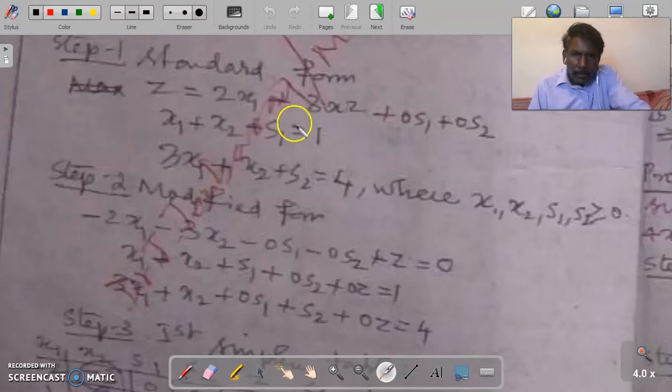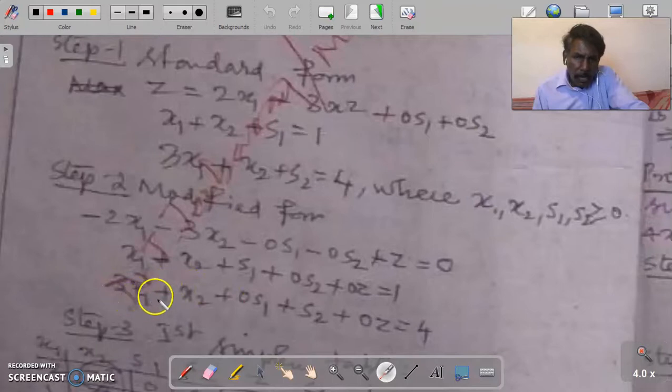here we are adding 0 to s1 plus 0 to s2, then we are bringing there. Here x1 is here, x2 is here, s1 is here, but s2 is not there. Therefore, 0 to s2 we are putting, plus z is not there, therefore 0z we are putting, and the constant on the one side. Similarly here, s2 is there, x1 is not there, 0 to s1 we are putting.